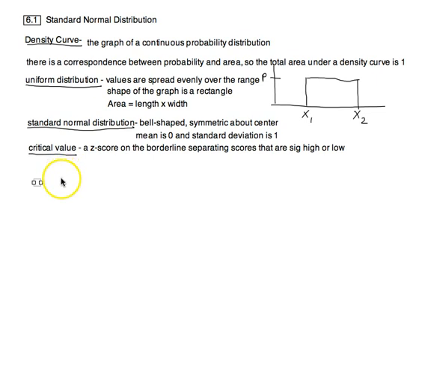Whereas with range rule of thumb, the borderline for significantly low is mu minus 2 sigma, we have the same idea with critical values. We will have a z-score that is specifically saying values that are below this z-score are significantly low, values that are above this score are significantly high.